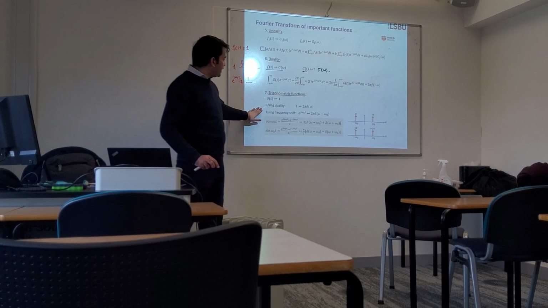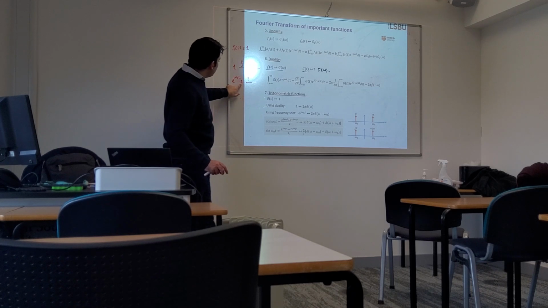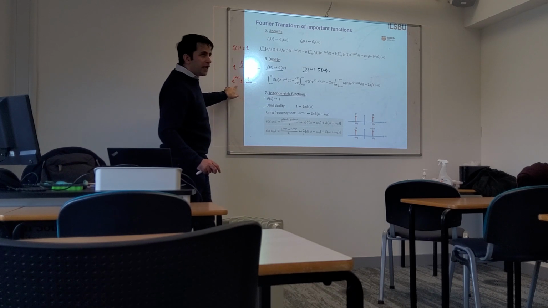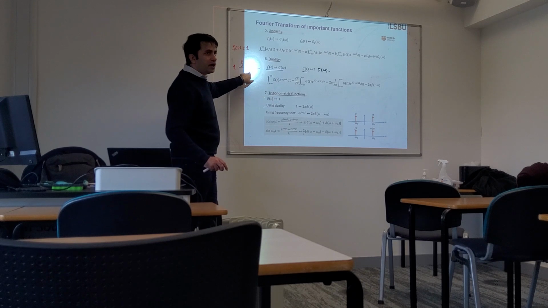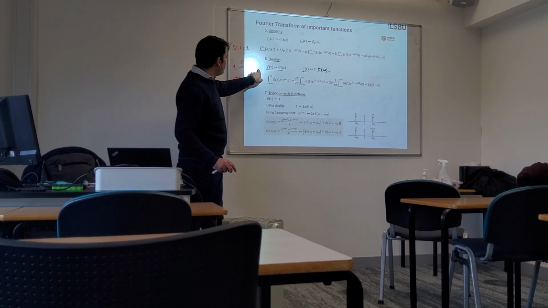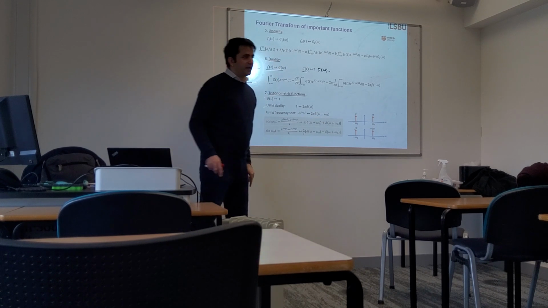So if we multiply 1 with this and want to see its delta omega, we simply need to replace omega with omega minus omega naught.